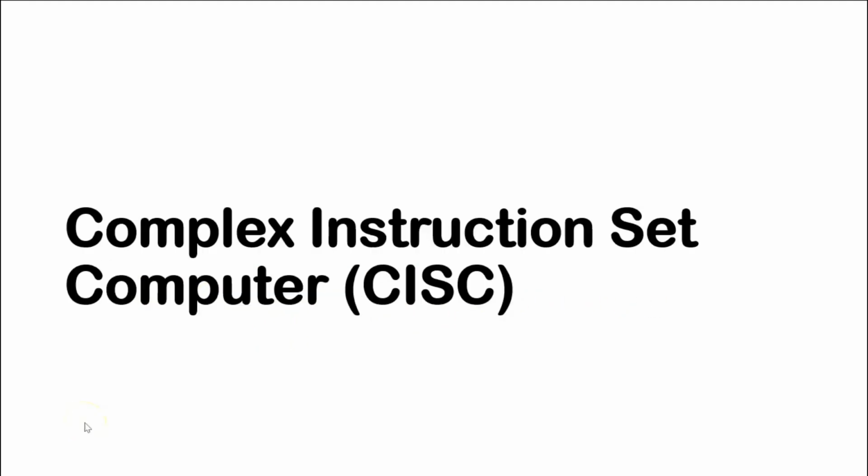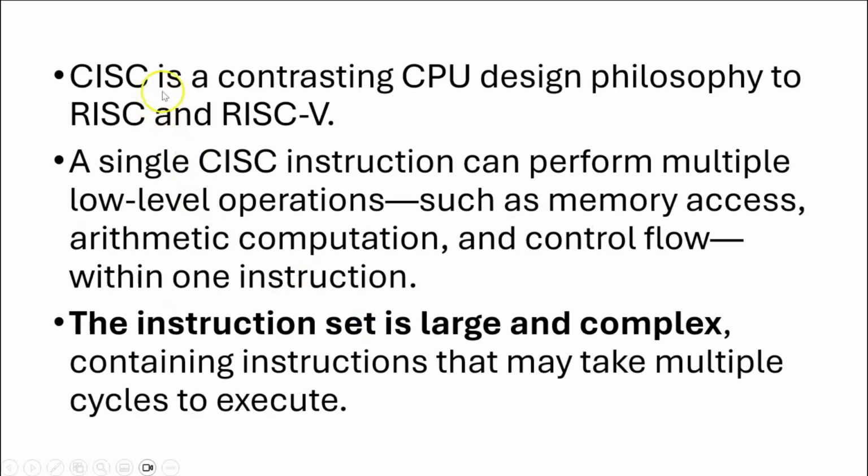Before I go any further, I'd like to talk about Complex Instruction Set Computer, CISC. Let's take a look at CISC. CISC is a contrasting CPU design philosophy to RISC and RISC-V processors.